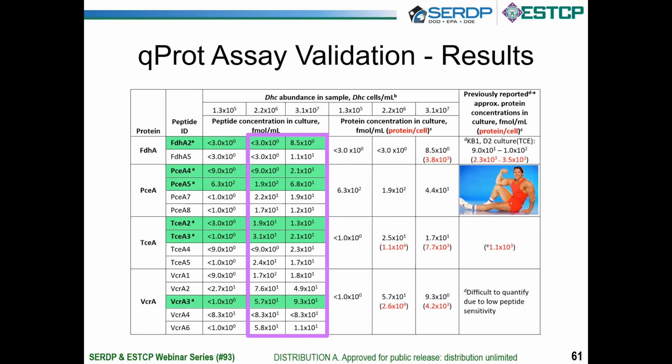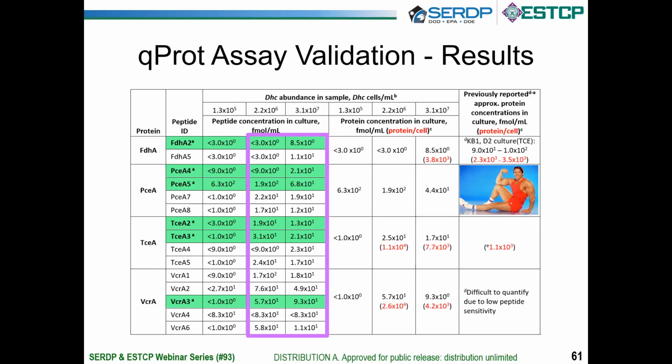This is for FDHA, TCEA, and BCRA, which are all carried by the Dehalococcoides cell that we're interested in. PCEA is carried by other organisms that are present in the SDC9 consortia, but not by DHC. So that relative concentration, protein per cell, is not provided for that protein.